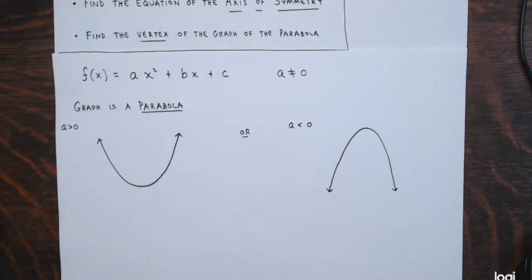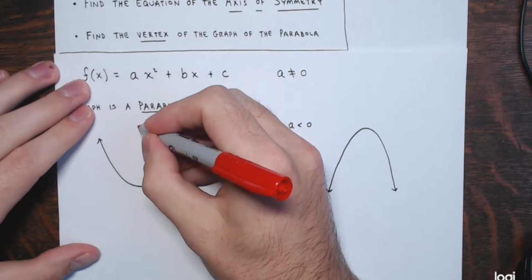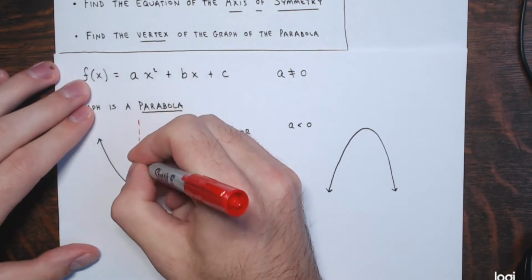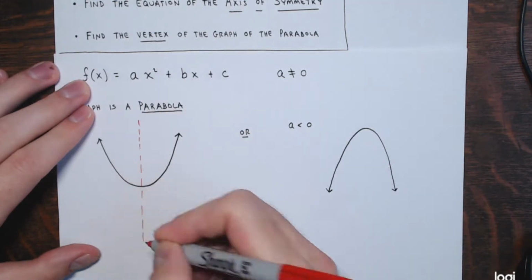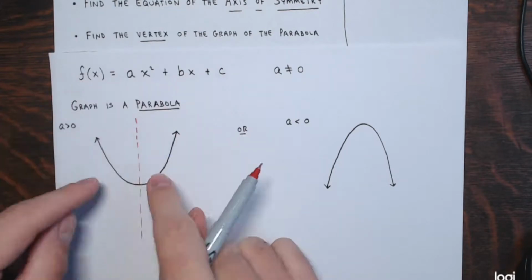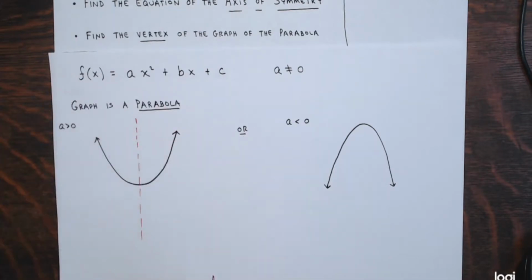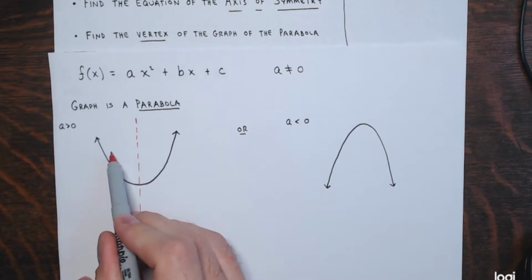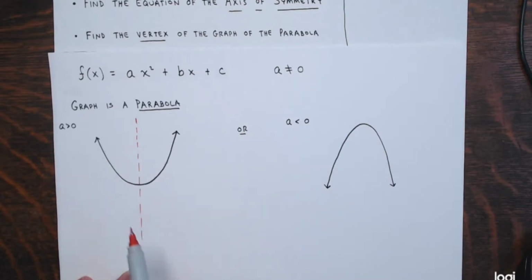Now, these shapes are symmetrical about a vertical line. There's a vertical line that cuts them in half. I'll do a little dashed line here. If I were to fold along this line, the two halves would meet up. If I go from this line to the right and then to the left the same number of units, you land on the graph.